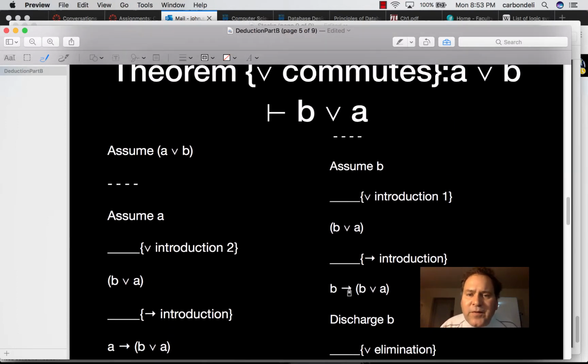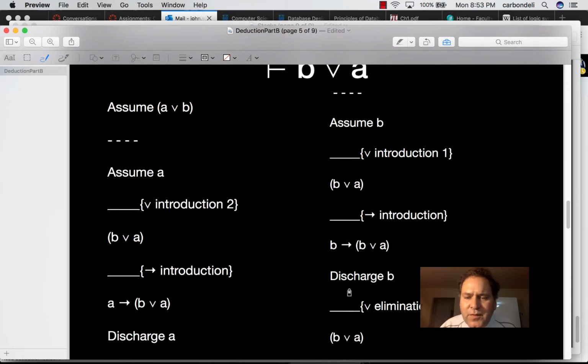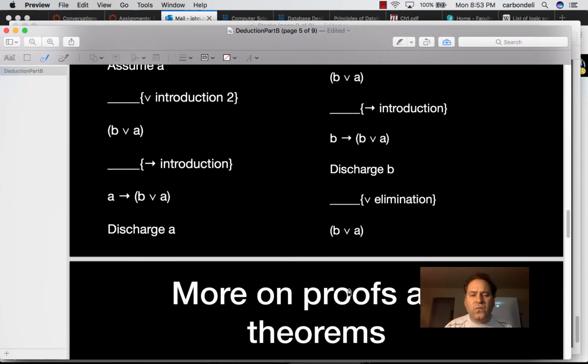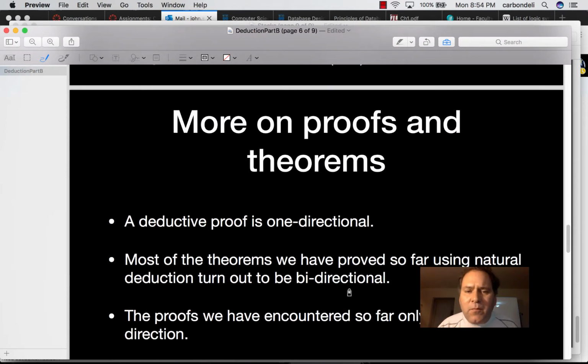This is a fairly sophisticated proof. There are several steps. And with a little work, it isn't difficult to see why this proof is valid. So some more on proofs and theorems.